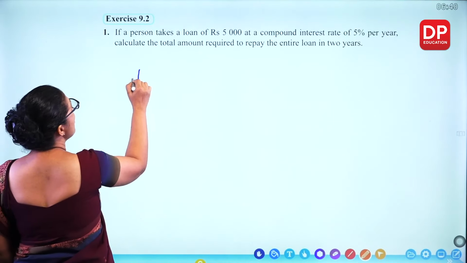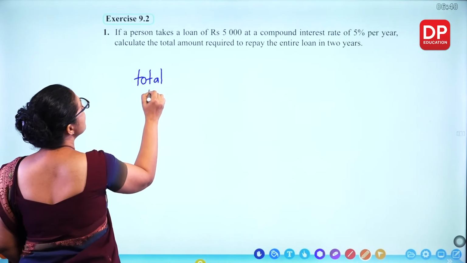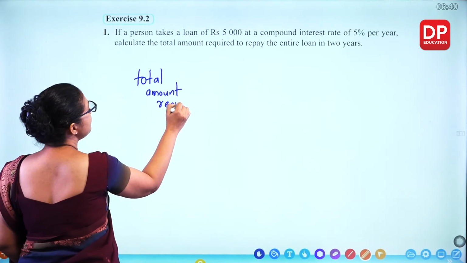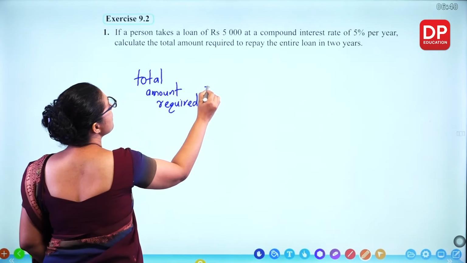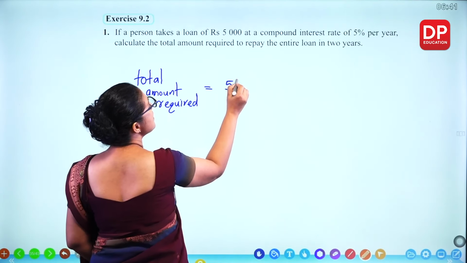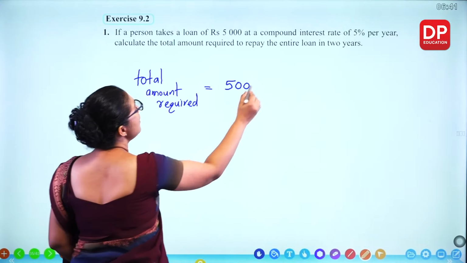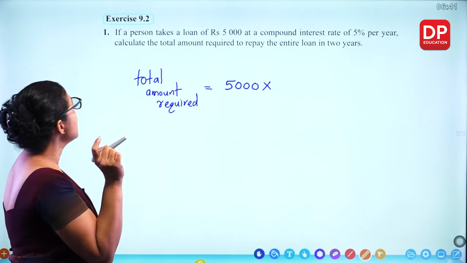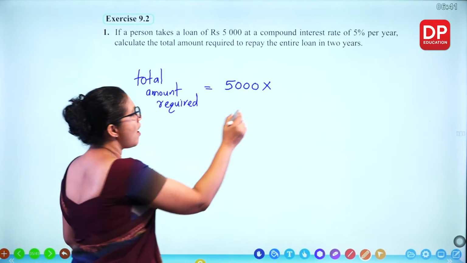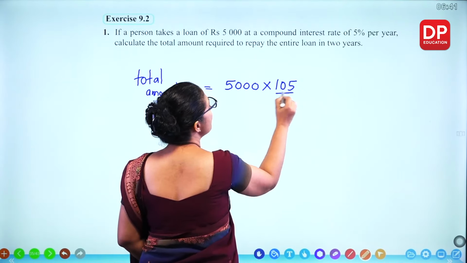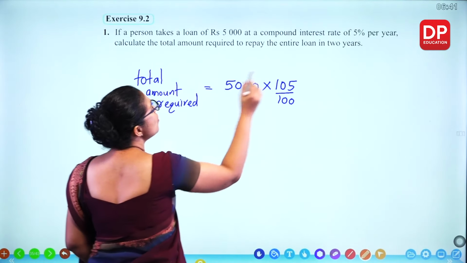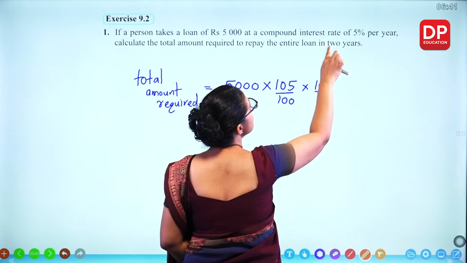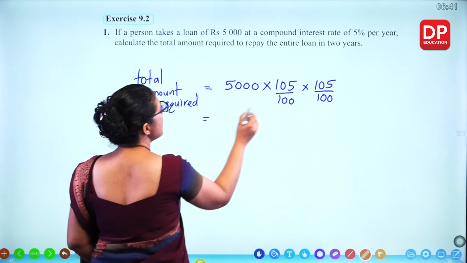So what's the total amount required? 5,000 is the amount of the loan, into, what's the interest rate? 5% compound interest rate. So 105 over 100 into 105 over 100, because this is for 2 years.